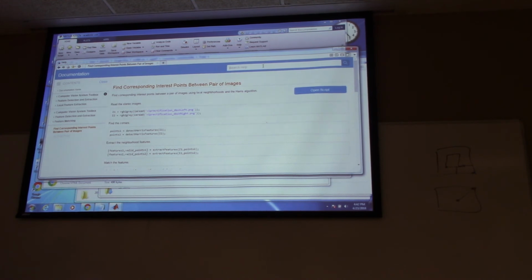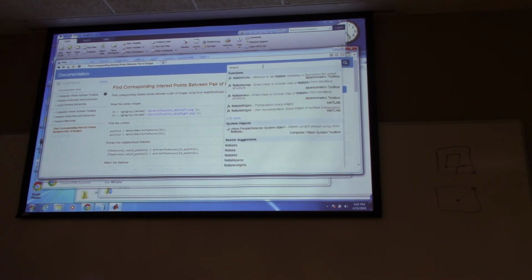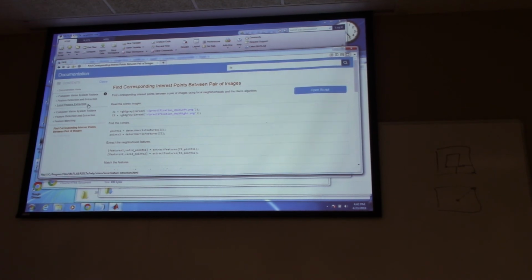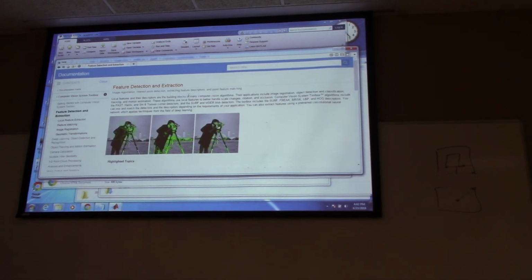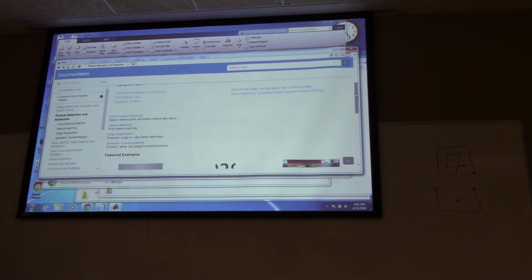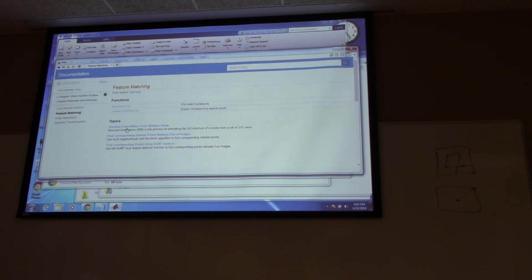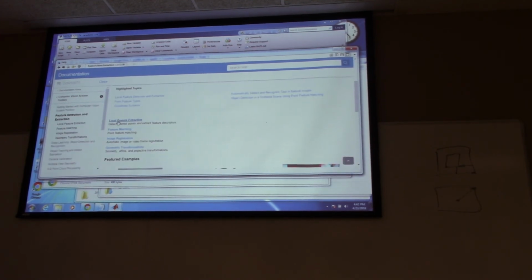We'll try that. Oh, there it is. On the left, feature detection and extraction. And then if you scroll to feature matching, that's what it was. Oh, never mind. Go back one. Maybe that.